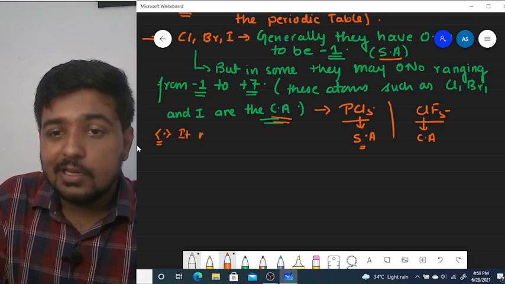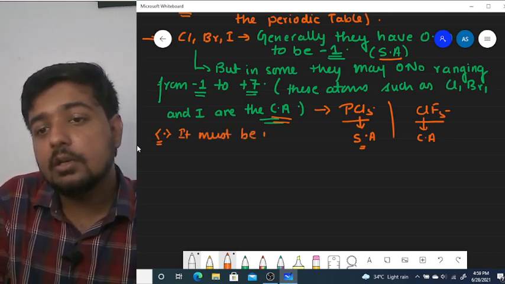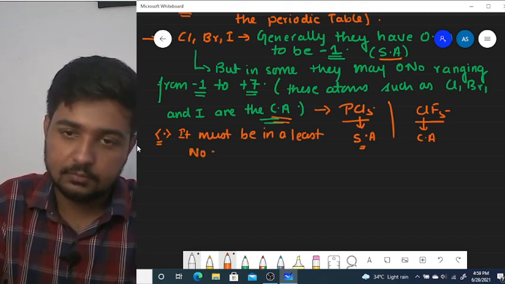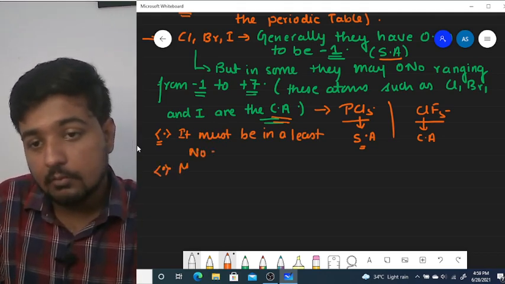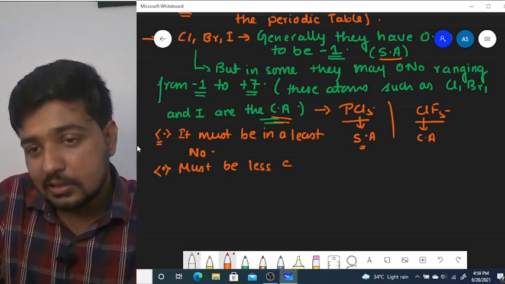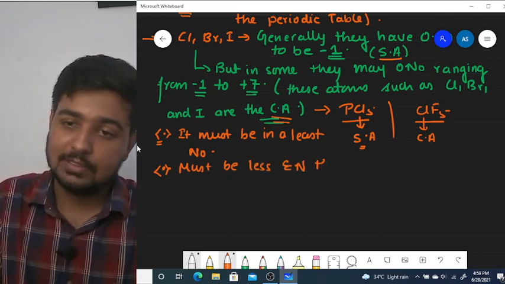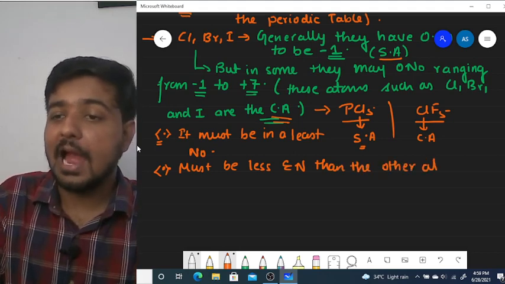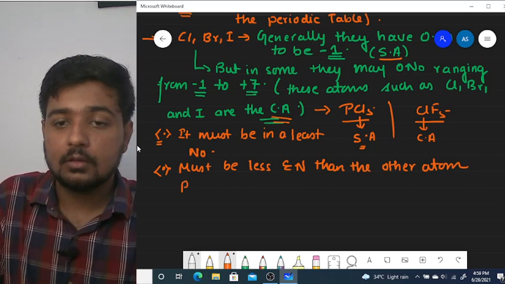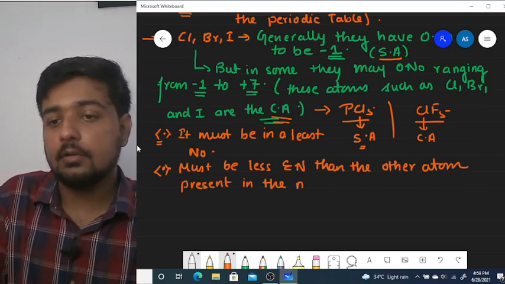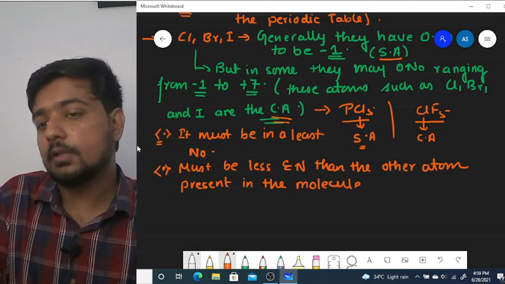It must be in the least number. That is the first thing. And second, it must be less electronegative than the other atoms present in the molecule.